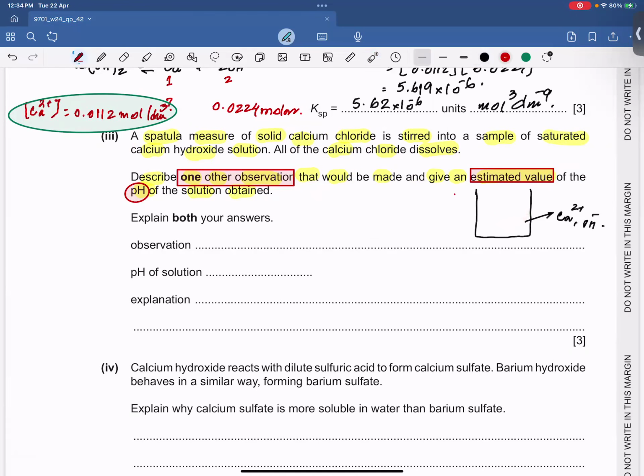When we add calcium chloride in it, obviously the concentration of calcium ion in a saturated solution increases. So when the concentration of calcium ion increases, this favors the equilibrium towards the left-hand side because of the common ion effect. And when equilibrium favors the left-hand side, obviously calcium hydroxide is formed. That was the equation.